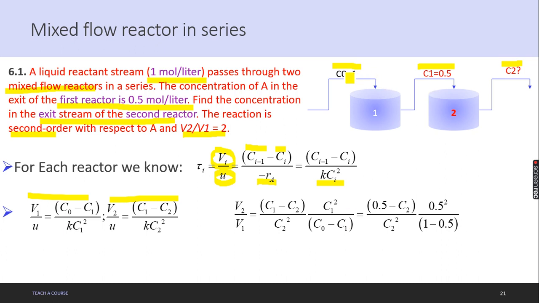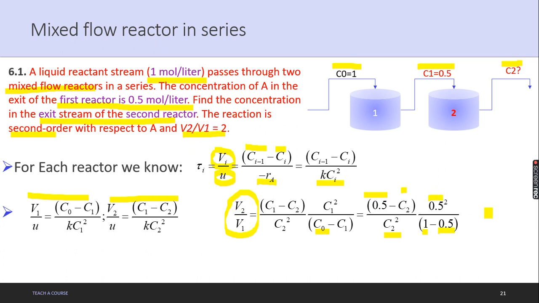By the way, you already know the C0 and C1 values. So we'll plug in the C1 value, since we know C1 and C0. C0 is actually 1. So this is known. Unknown is only C2. That's all. And the V2 by V1 ratio is already given, that is 2.